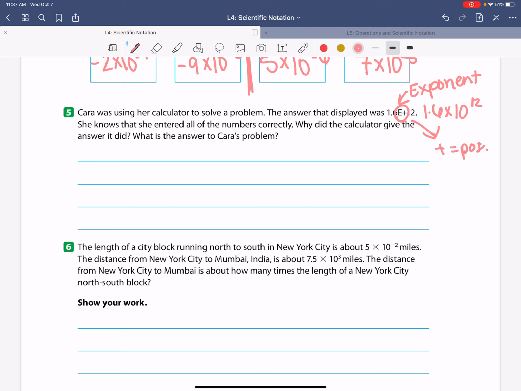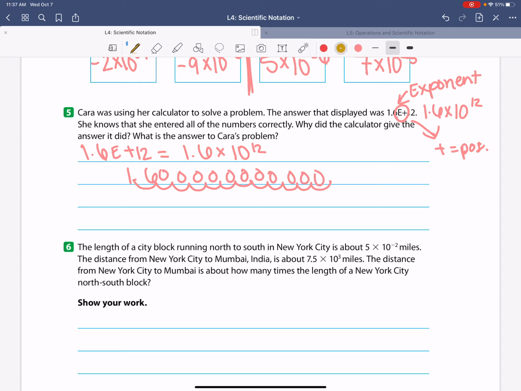All right, so her answer is actually 1.6 E to the plus 12, which is 1.6 times 10 to the 12th power. So all you do is you have your 1.6 and you move it over 1, 2, 3, 4, 5, 6, 7, 8, 9, 10, 11, 12. Add your zeros and you are done.